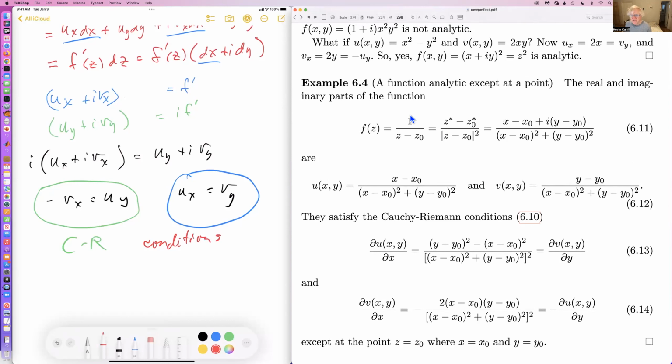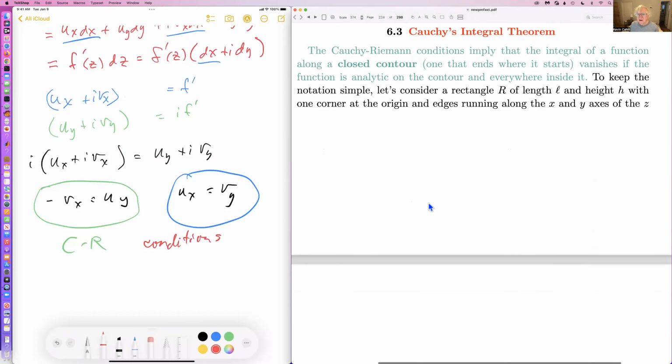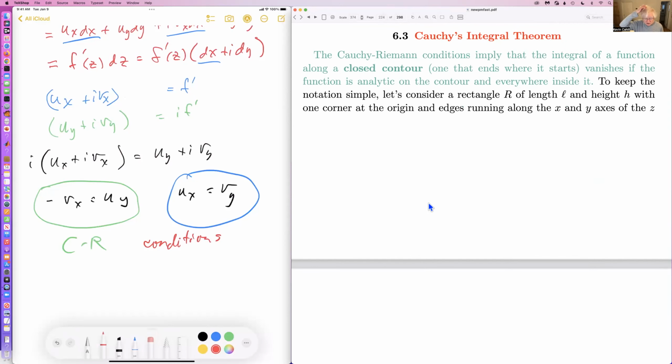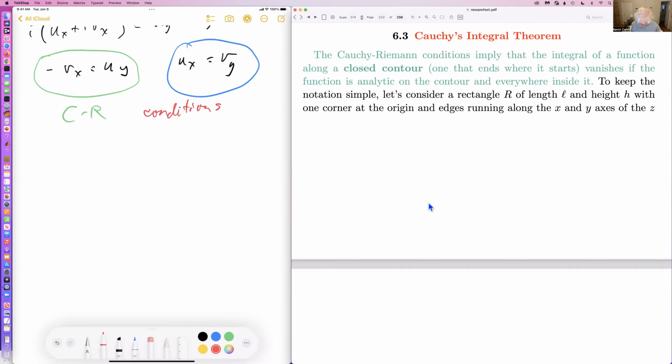Here's a function, f of z is 1 over z minus z0. That's a function that's infinite when z is equal to z0, so it's not well defined there. It's not analytic there, but it's analytic everywhere else. And one of the important consequences of analyticity is something called Cauchy's integral theorem.